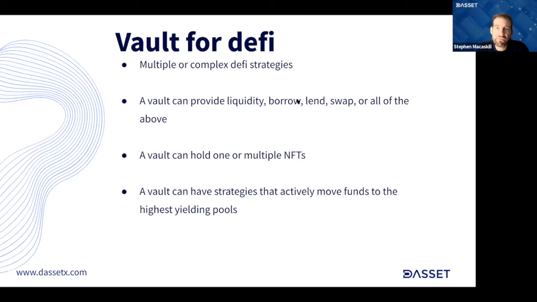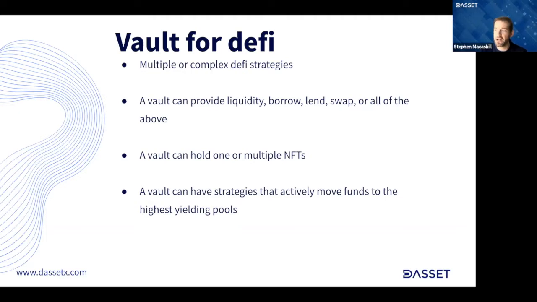They can interact with multiple steps. A vault can provide liquidity, borrow against that liquidity, deposit funds somewhere else, and then start yield farming. So it can have multiple steps as a strategy to return the yield.